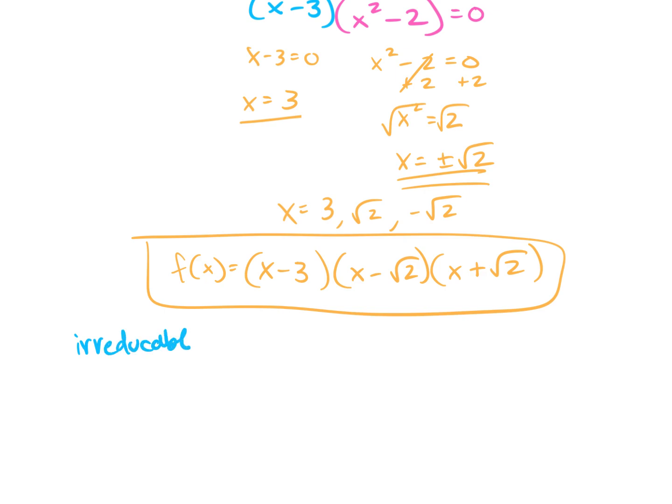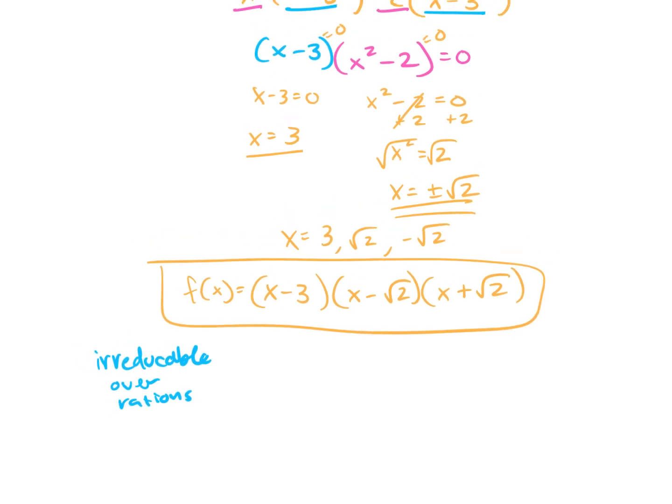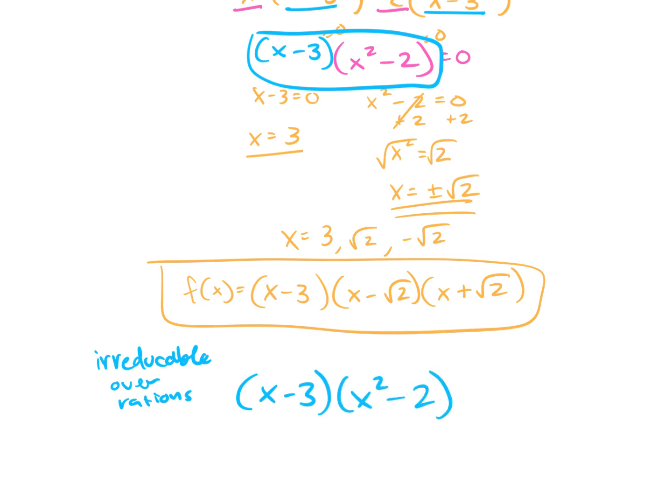Awesome. Irreducible over rationals means that we don't want any square roots in our answer. So we would leave it in the one before, so the factored form that we had before. So that is x minus 3 and x squared minus 2. So that's irreducible over the rationals.